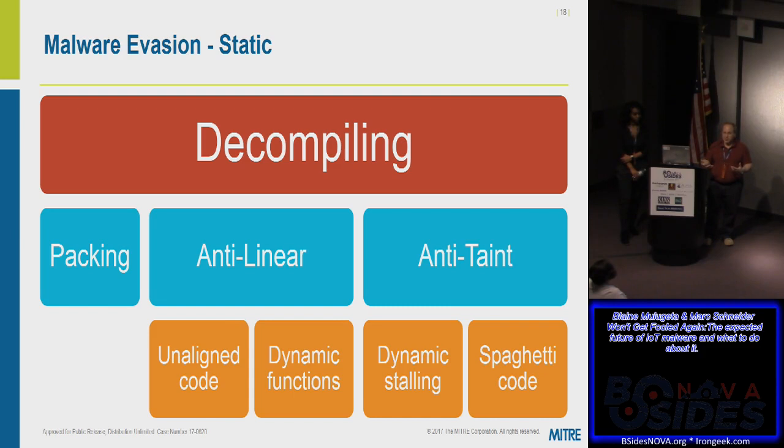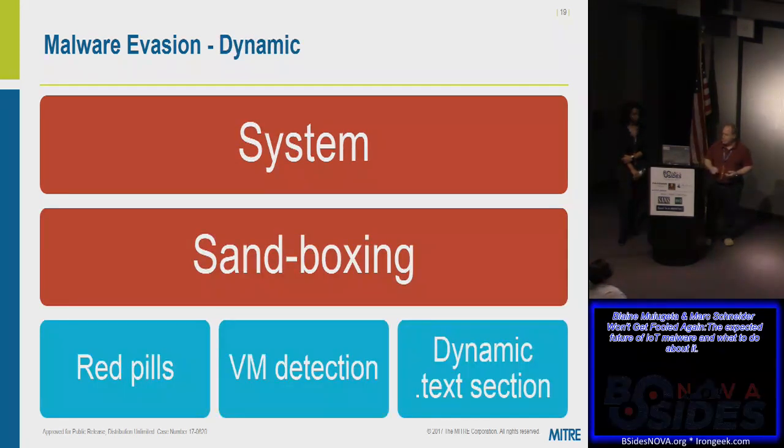Well, if a malware researcher wants to understand what's going on, and your malware is spaghetti code, they're going to have a tough time following the logic. So there are obfuscation techniques that are intentionally put in place to make the code really bad from a human readable point of view. And that means that your malware researchers can't understand easily what the code does.